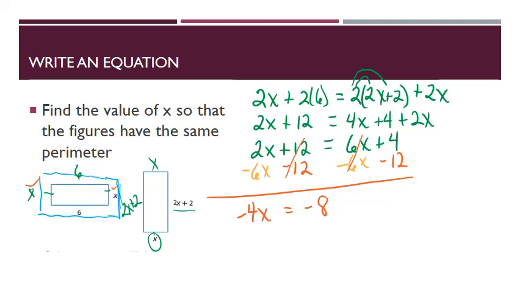Now we're going to divide both sides by negative 4, such that x is equal to 2.